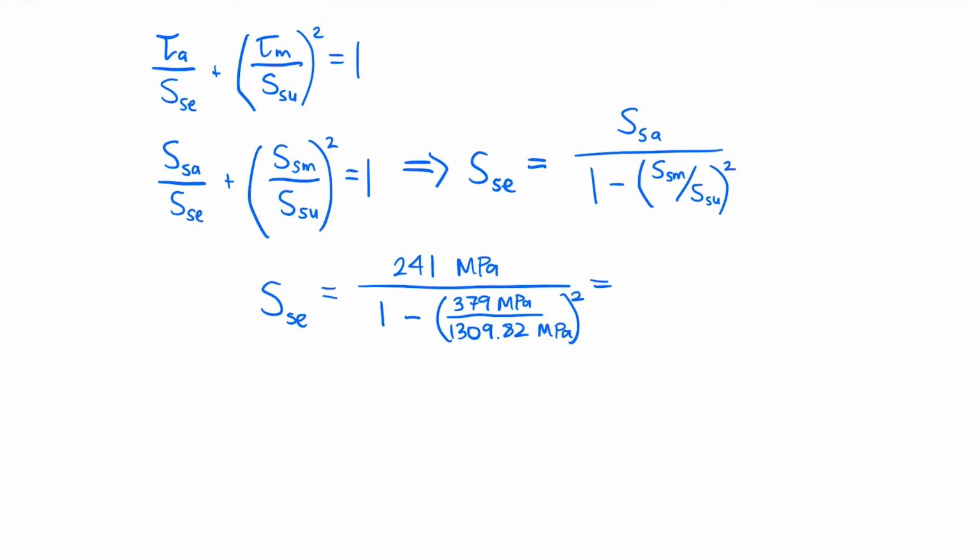Oh, and that's squared. That's one of the errors, I think, in your textbook when they solve for this endurance limit. Oh no, never mind. They do have the squared there. Okay. So calculating this, we get 263.40 megapascals.